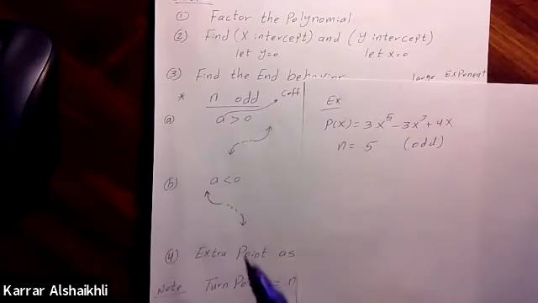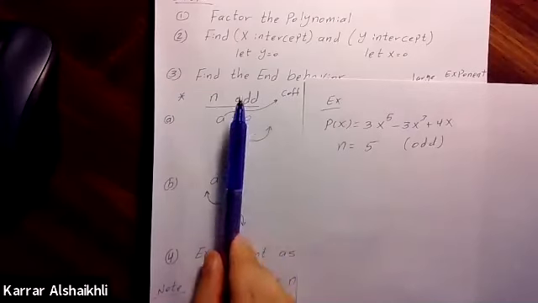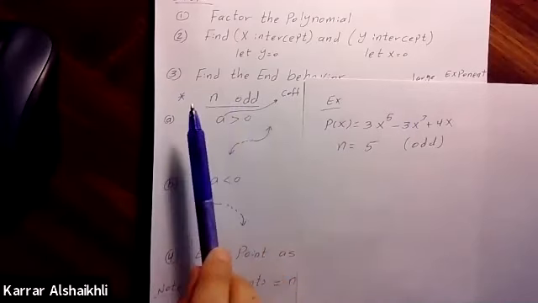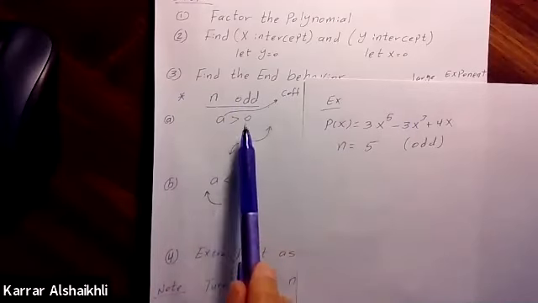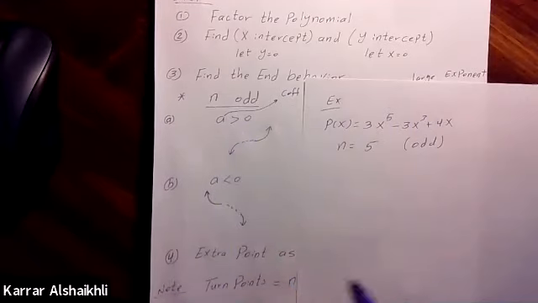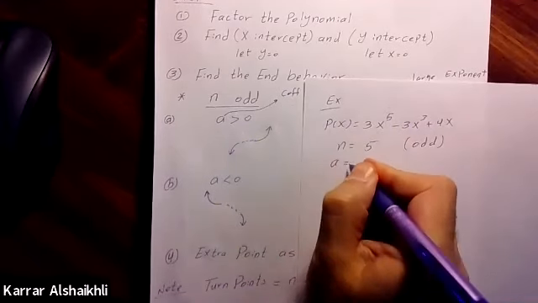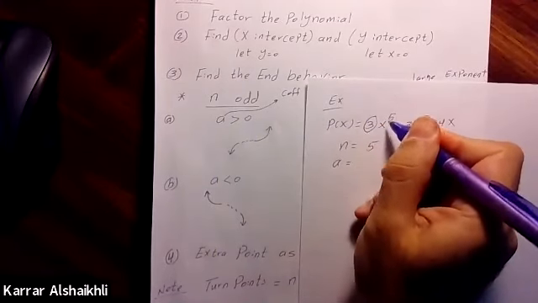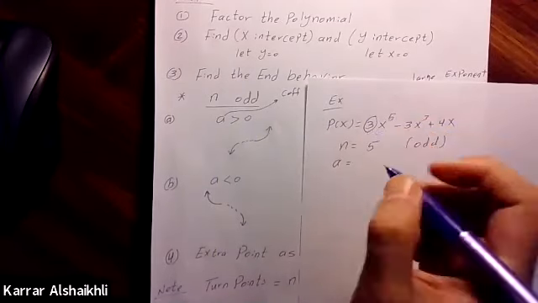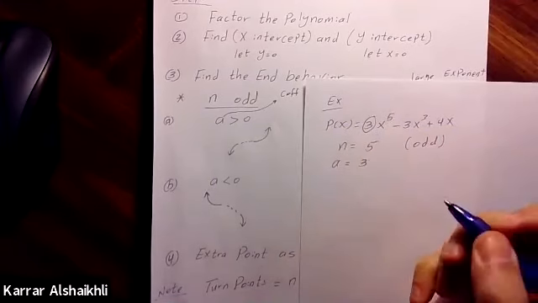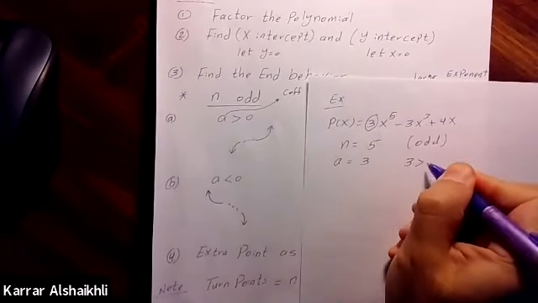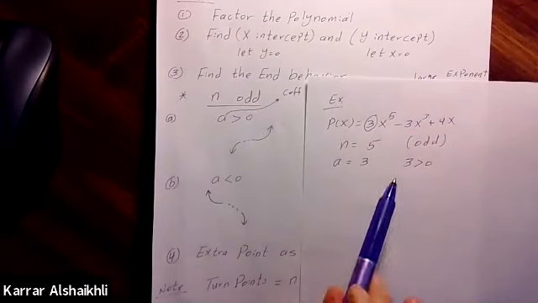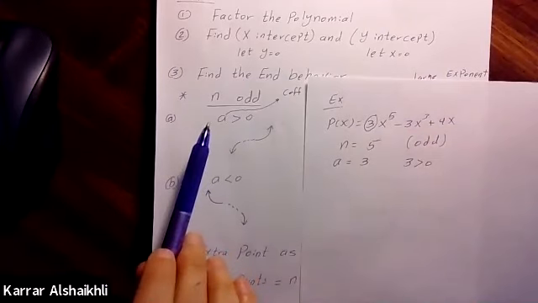Now I already know which side I'm going to work with: the n odd number. I have 2 options. Now, a is the coefficient with the large exponent, the number here. The number here is 3. 3 is greater than 0. That means I'm going to work with this side.